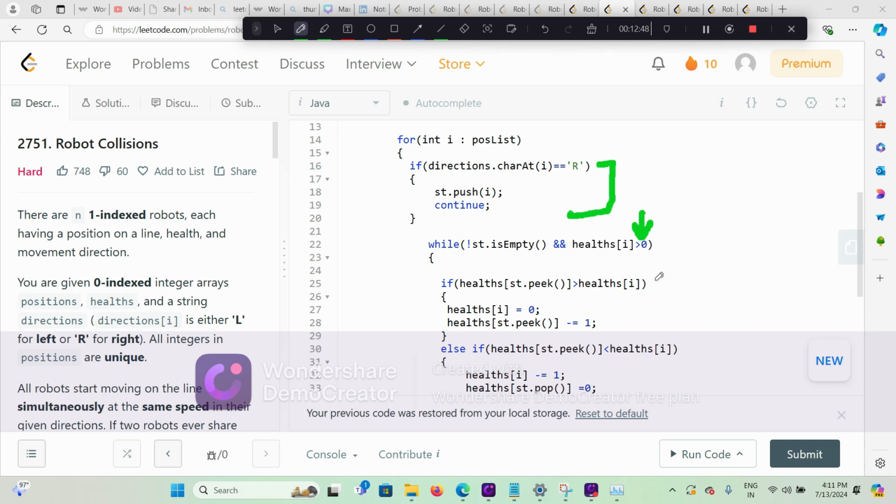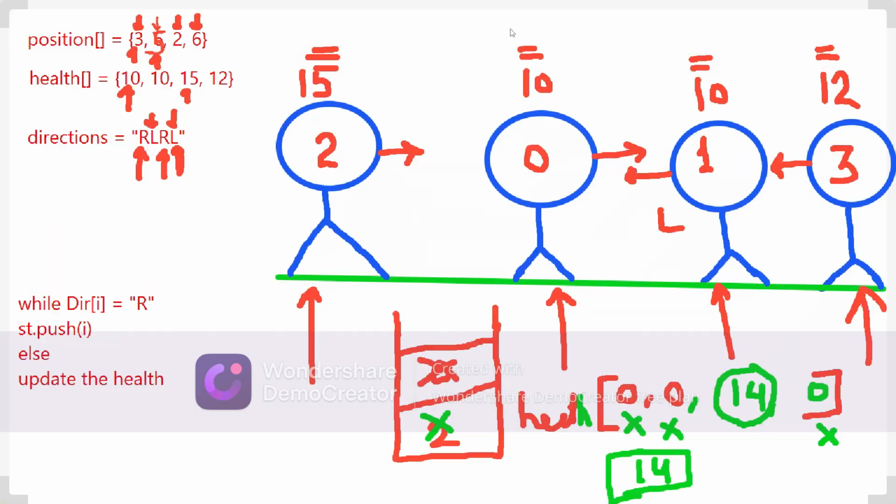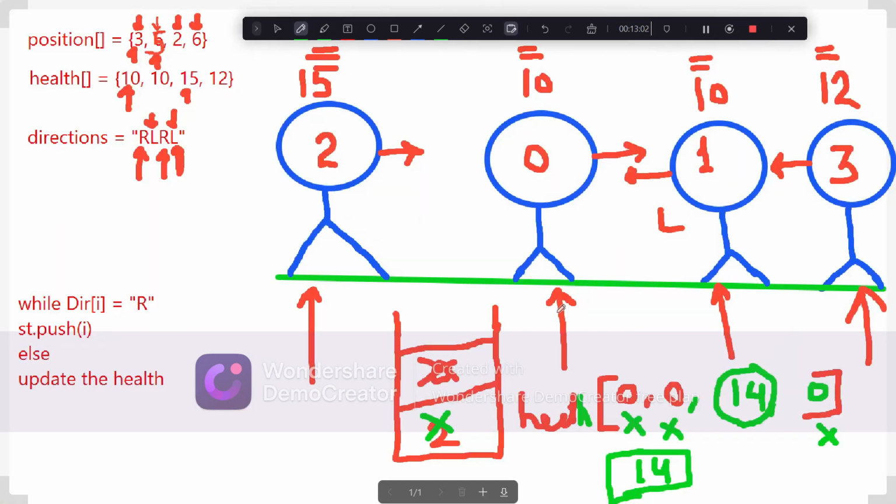See here what we are checking. If health of st.peek(), so whatever is on the top of the stack index, is greater than the current index health[i], just like this. See, when we came here at this position, we were checking. So top of it was 0 and it is 1, so these values were equal.